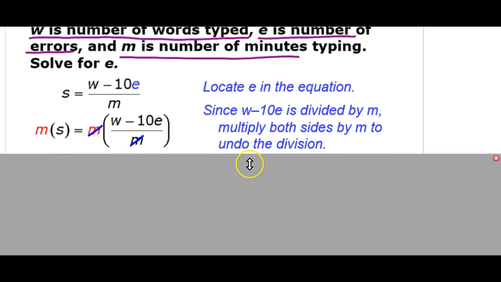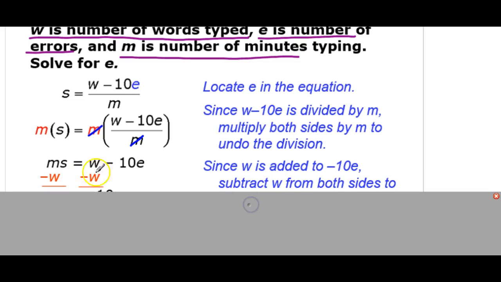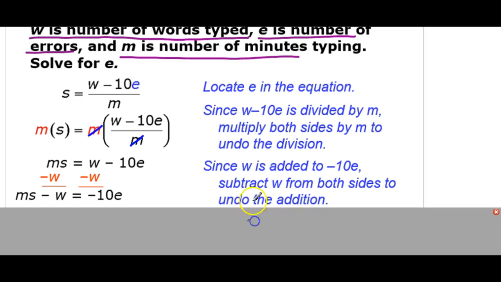Then I'm going to subtract W from both sides. So that's gone. I'm left with a negative 10E. I can't really subtract a W from an MS because I don't know what any of those mean, so all I can do is write it. MS minus W equals negative 10E. So that undid the addition.